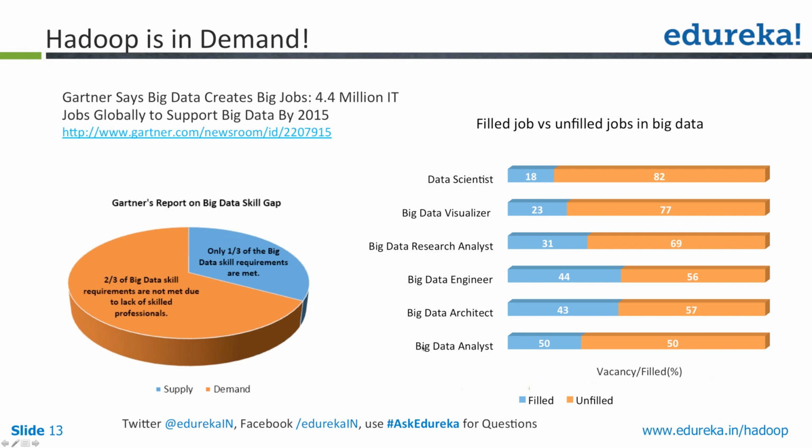This is all from the Gartner report which I've picked up. 18% of the jobs are filled for big data scientists, and 82% of the jobs will remain unfilled, depending upon the current skill set of professionals. So this is where a big opportunity lies for all of us here.